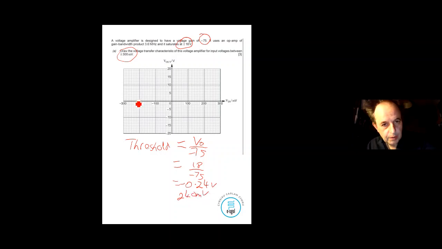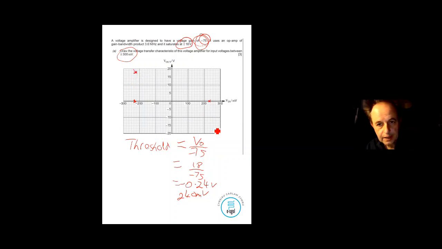So I'm looking at a point on a graph, and I'm looking for a voltage over there. It's a minus 75, so this means it's an inverting amplifier. If I am negative voltage in this area, it's going to give me a positive. So positive will be 18. I'm looking at 15, 16, 17, 18.